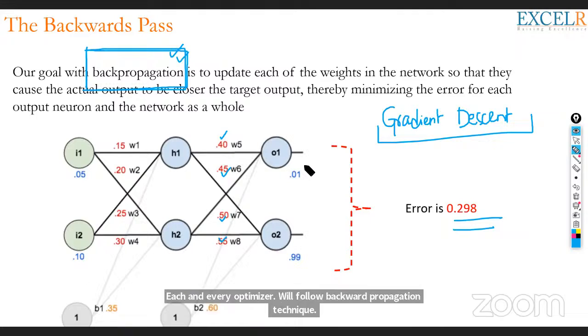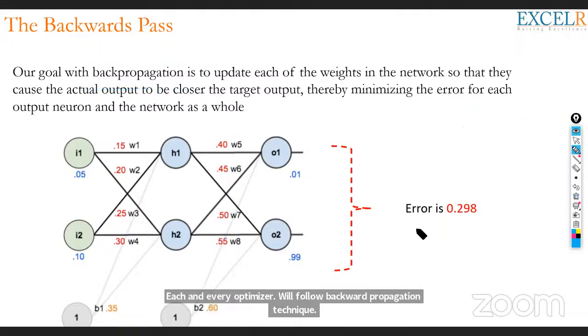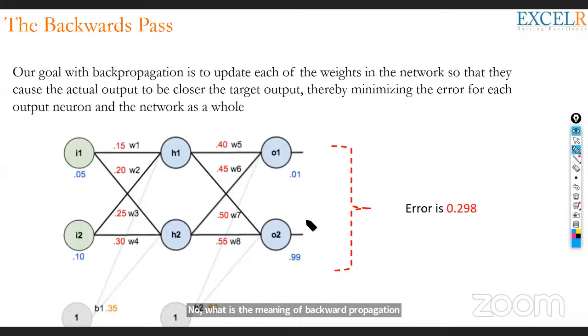Now, what is the meaning of the backward propagation technique? That means the optimizer will start optimizing the weight values for those connections first which are closer to the output layer. So this is my output layer.